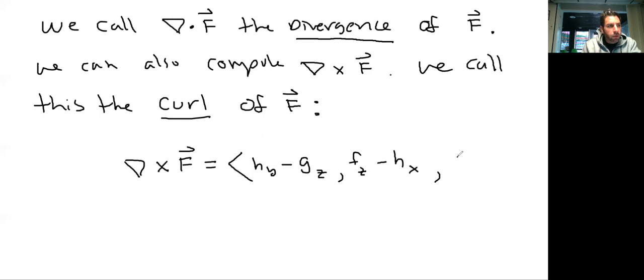Remember, to compute this, you have to use those determinants. But what you should do is test it, work it out yourself. What I'd like to really draw your attention to is the third component of this. That looks like something we just saw with Green's theorem, and that is not a coincidence.